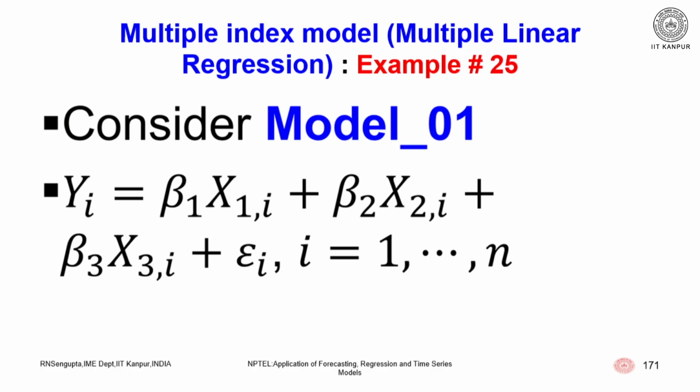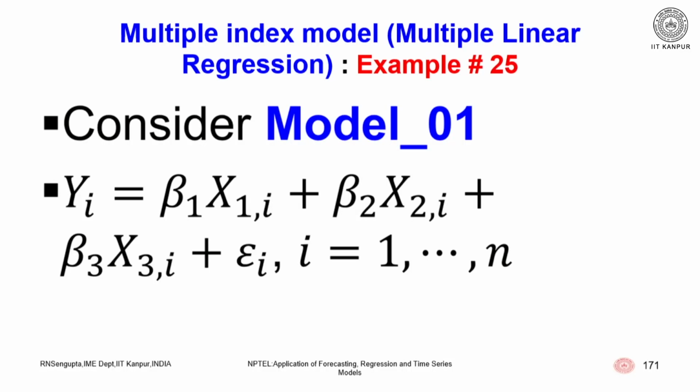to solve the problem. Consider model 1 for the multiple linear regression, and we will take the idea we were considering, trying to predict Tata Motors returns based on NSE returns and other X values, and I will explain what they are.